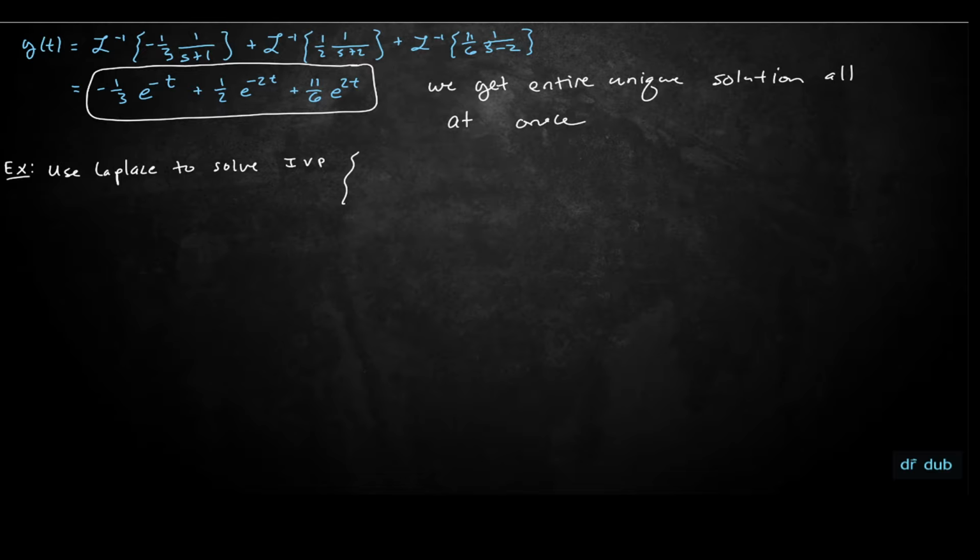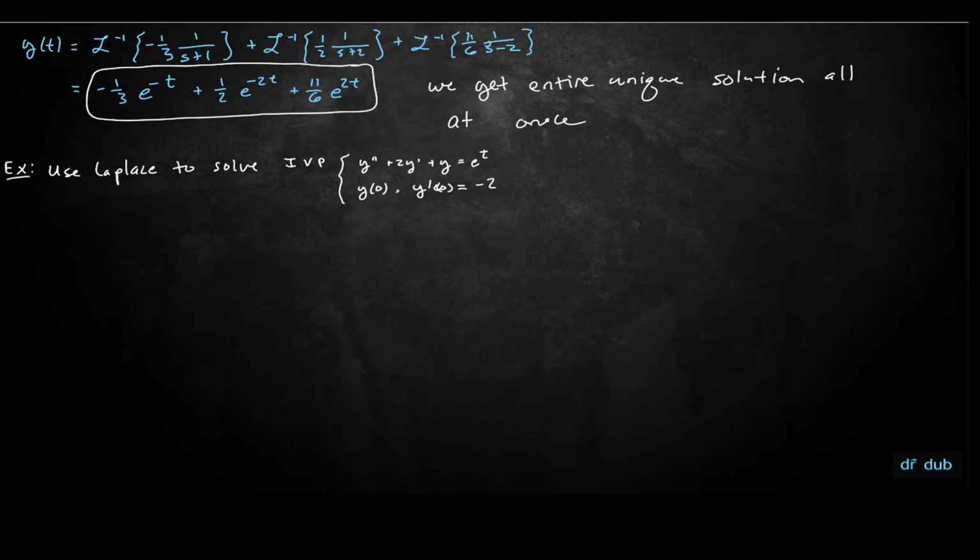That'll be y double prime plus 2y prime plus y equals e to the t. y of 0 is 0, y prime of 0 is -2. So solve the initial value problem with Laplace transforms.